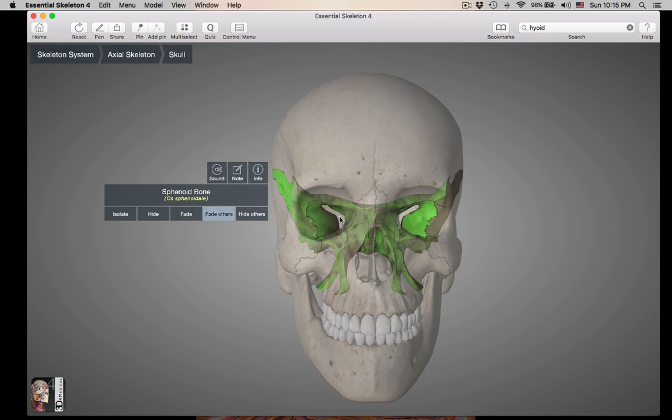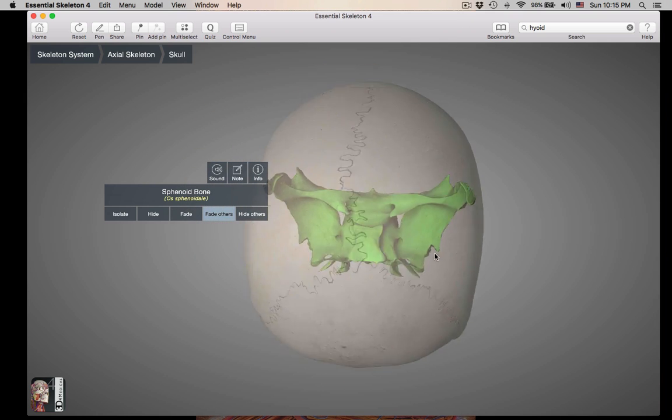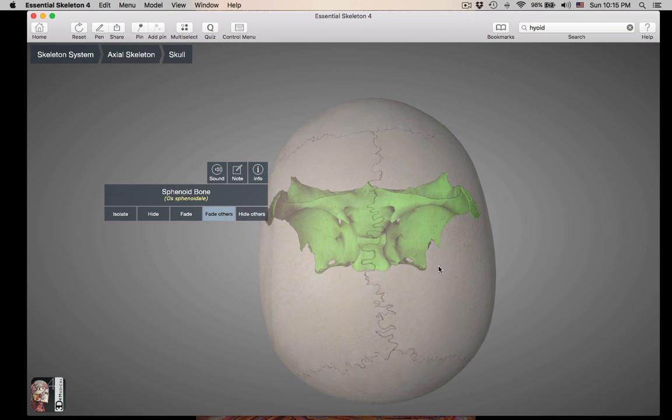So the dark green is the external parts that you can see. The light green is internal. So when you look at it this way, you're going to see the sella turcica right here. Here is the continuation of the optic canal. Here is your lesser wing. And then the greater wings are going to be coming up this way.